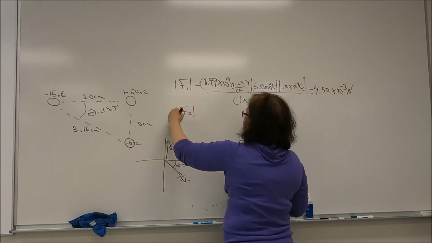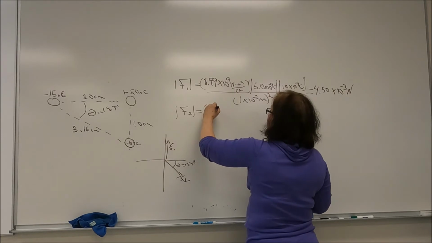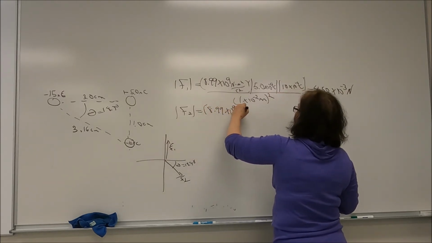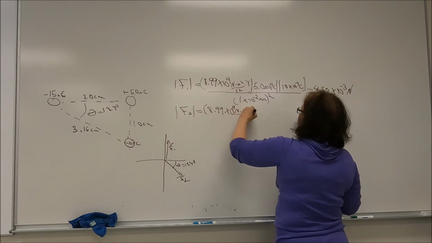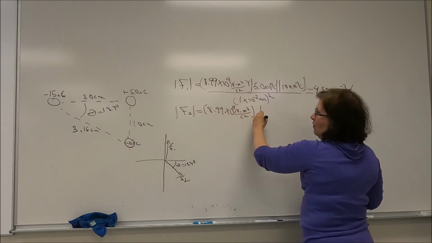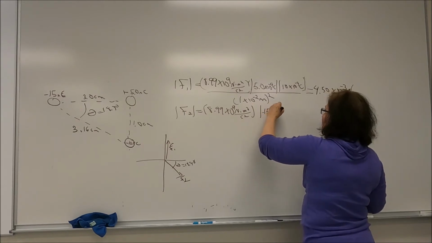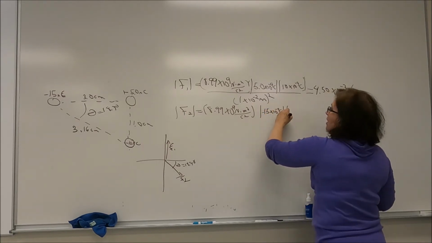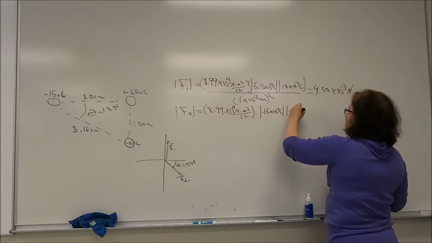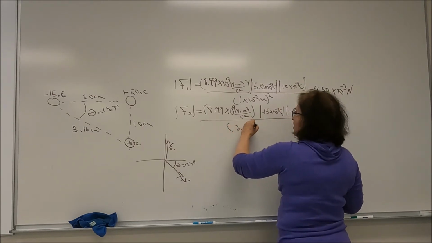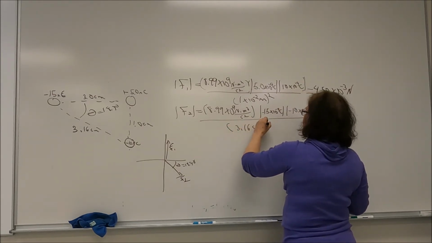Magnitude of force F2 is going to be 8.99 times 10 to the 9 newtons meters squared over coulomb squared, times the absolute value of minus 15 times 10 to the minus 9 coulombs times minus 10 times 10 to the minus 9 coulombs, all over 3.16 centimeters squared.